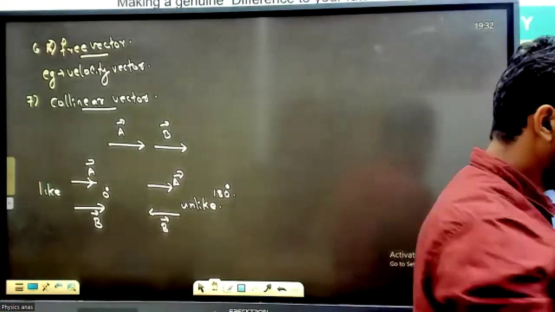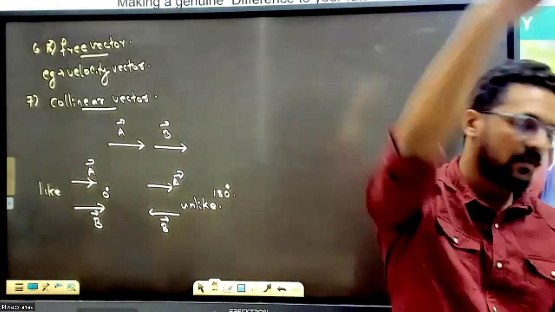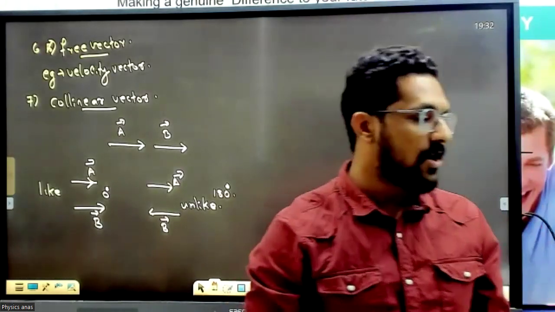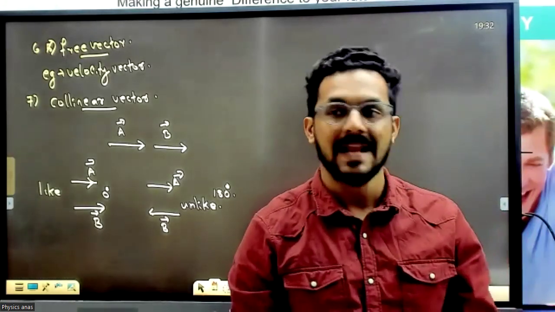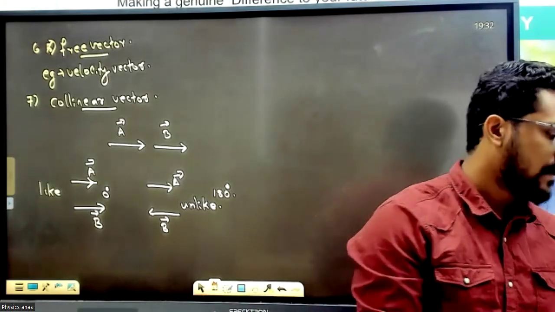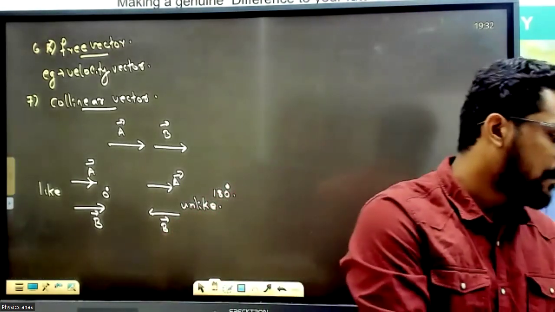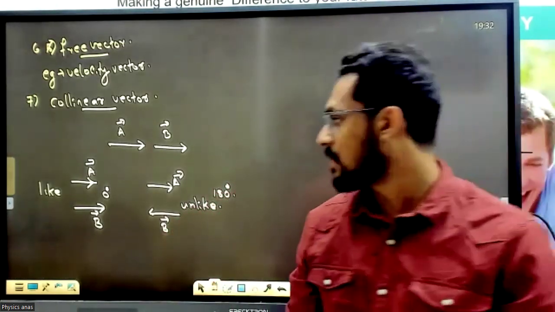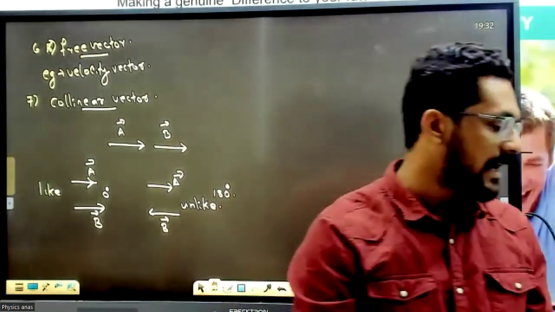Then write collinear vectors: vectors acting along the same line or along parallel lines.